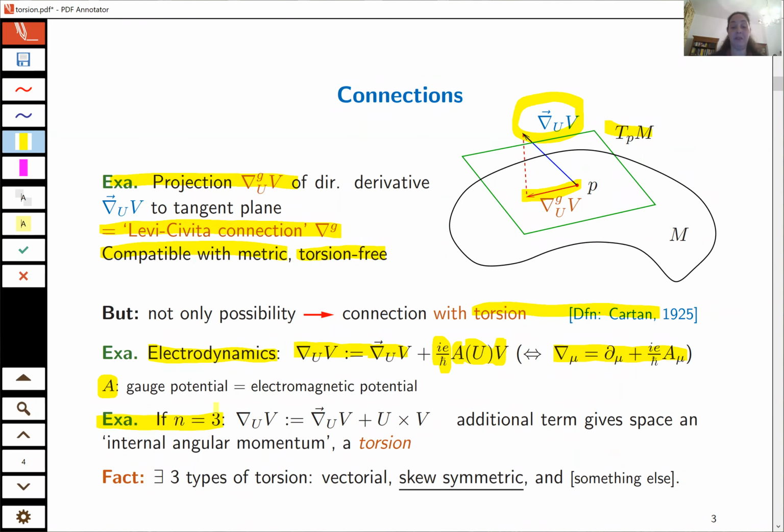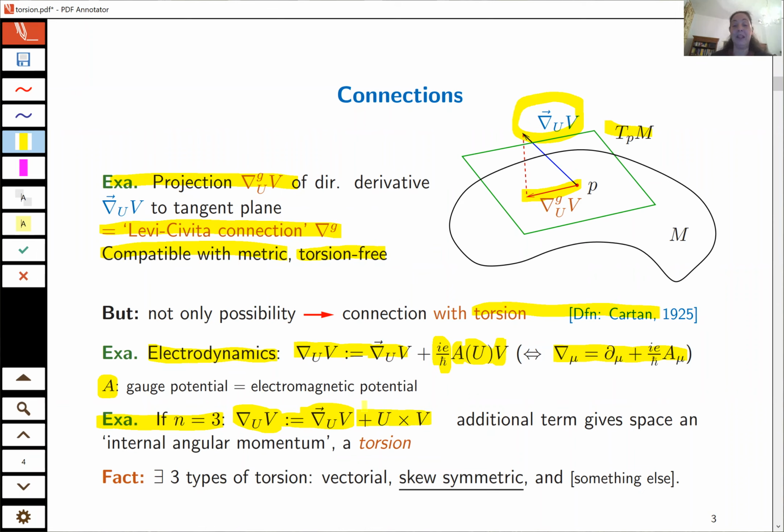We take free space and we define a connection, so a derivation rule, by taking again the normal directional derivative in R3. And then since we are in R3, we have the vector cross product. So we can take the cross product of the vector fields u and v and just add any multiple we like of this cross product. This is again a vector field.